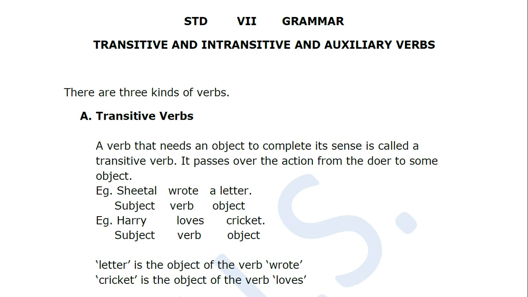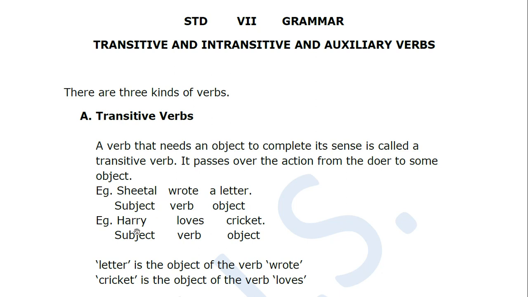So now let's see the example I've given over here. Harry loves cricket. Now what is the action of loving? He loves. Who loves? Harry loves. What does he love? Cricket. So you have an object over here. The action is passing from Harry to cricket, because his love is going towards cricket.